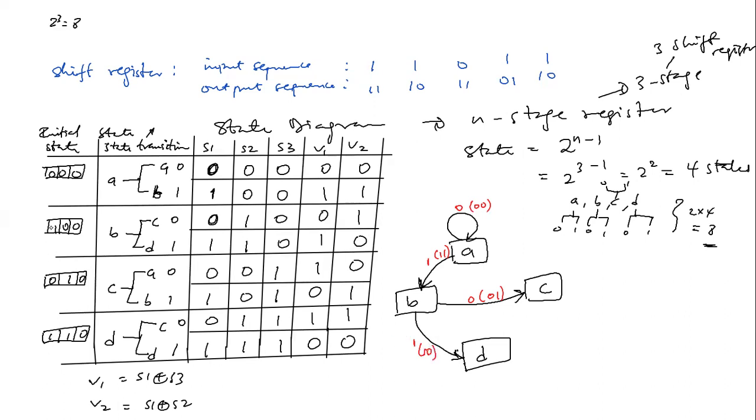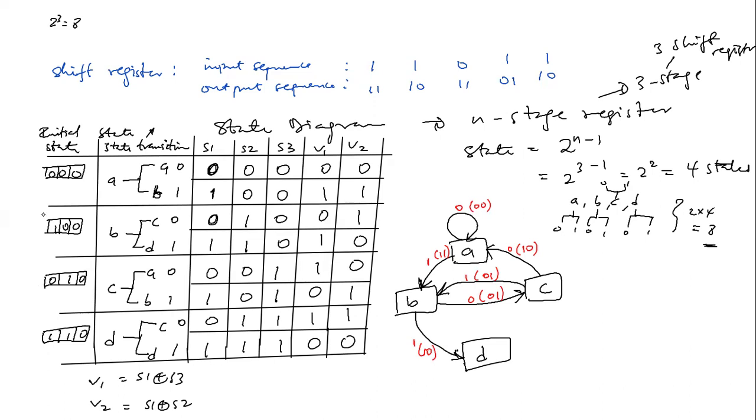Then the next thing now is that from state C, we move back to state A, and a 0 is emitted, and the output is 1, 0. And then from state C, we move back to state B. 1 is emitted. And what is the output? 0, 1.